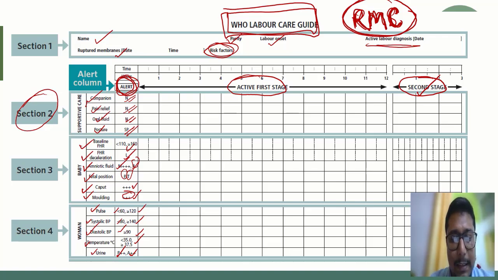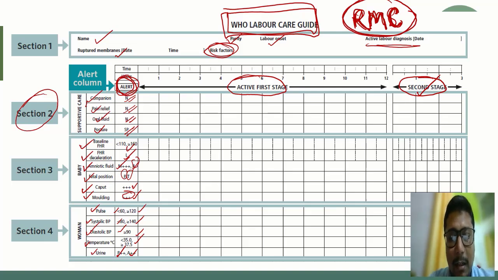So these are the things section 2 states about, and these are actually new, and this comes from the concept of respectful maternity care, RMC. This is basically a philosophy recently identified that it is not only the medical service quality that should be there, but a holistic improvement in maternal care needs respect and autonomy of the mother, respect to her choices, and her psychological and holistic well-being, not only the medical well-being, right?